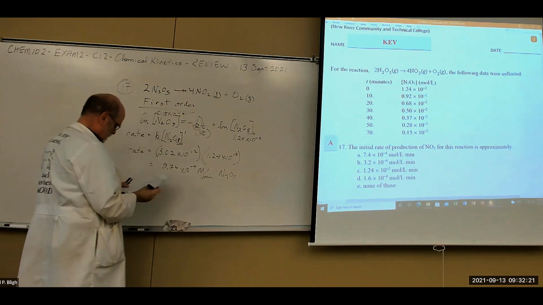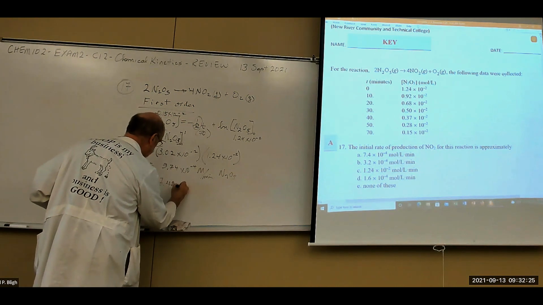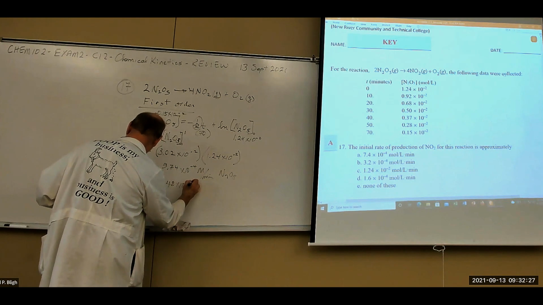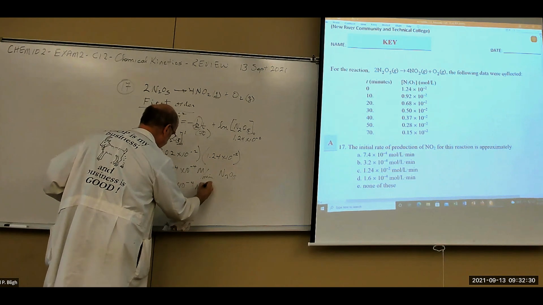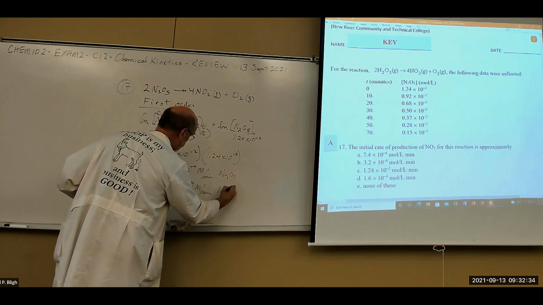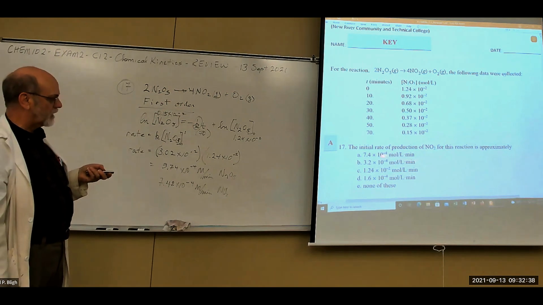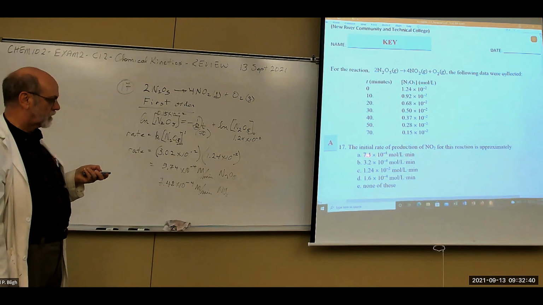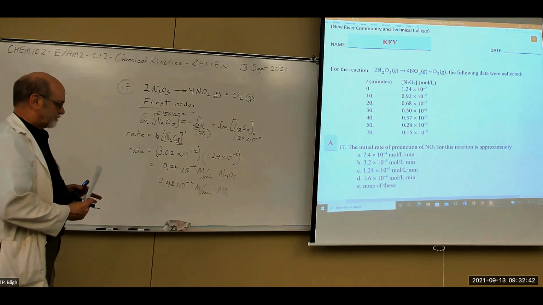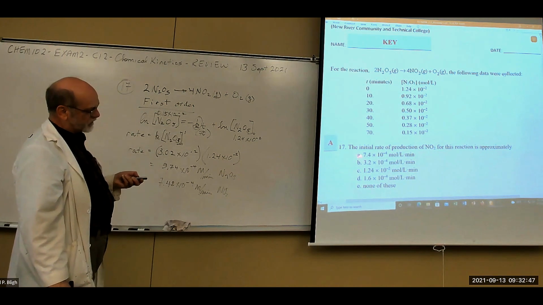So this would be 7.48 times 10 to the minus 4 molarity. This is in terms of NO2. So that's why the answer is this one right here. Actually, it should be 7.5, but that's the best answer.